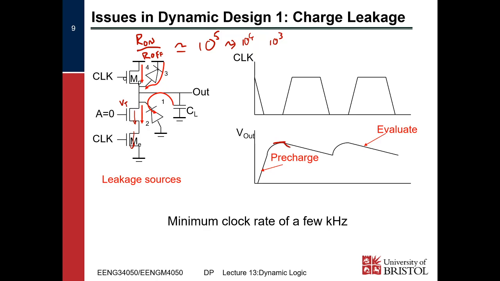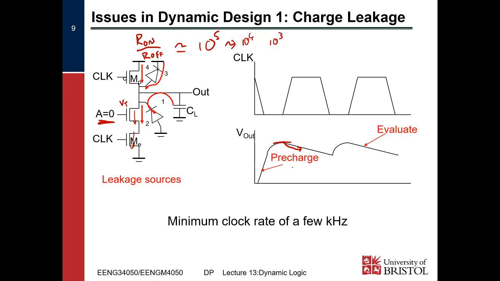It'll gradually start to discharge, not only through the transistors themselves from source to drain, but also there is a diode from the source and the drain back to the body, and that diode is slightly leaky, and so it's going to drop some current there, right? And so we're going to see that this CL won't just stay perfectly at VDD, it's going to gradually drop down throughout the evaluate stage, even if our transistor is off.